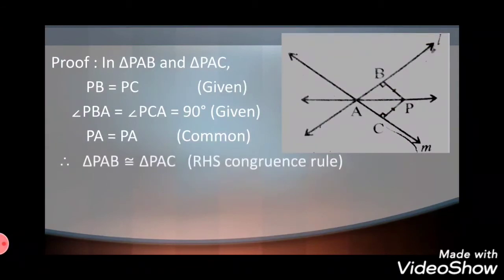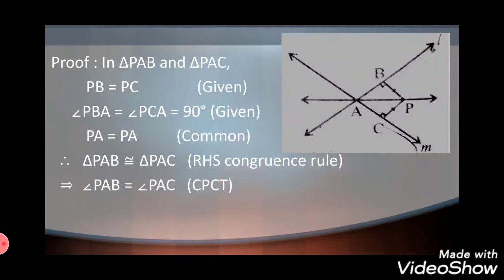Therefore, triangle PAB is congruent to triangle PAC by RHS congruence rule. You can see there is one right angle, the hypotenuse is equal, and one of the sides between both the triangles is equal. Therefore, triangle PAB is congruent to triangle PAC according to the RHS congruence rule.